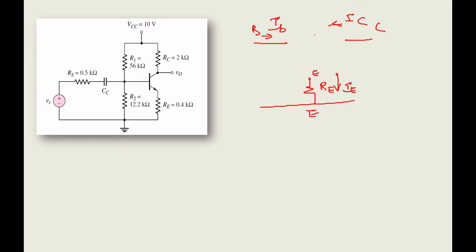Both IB and IC are coming towards it, so IE is nothing but IB plus IC. The remaining part I hope you can try, and add your external elements. With that you will get your complete model.